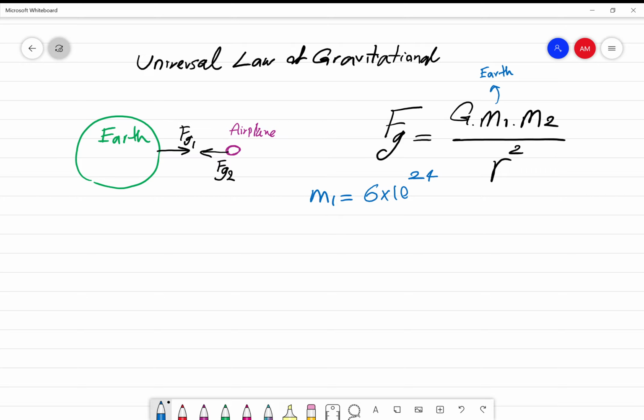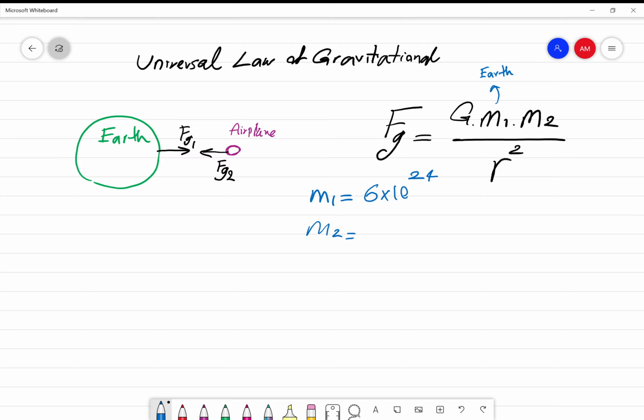And so mass of object number 2, let's make an assumption for that too. So what do you think the mass of an airplane is going to be? Let's say not very large airplanes, let's say average or small airplane, 100 people inside. So 100 times average of person, let's say 75, 7,500 kilograms.